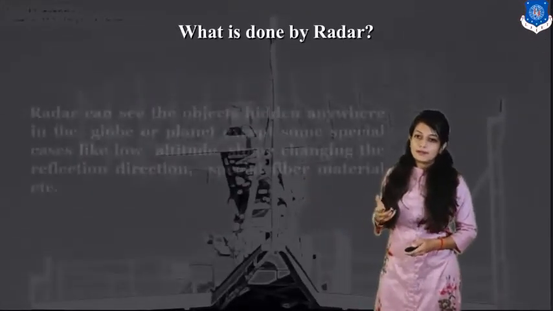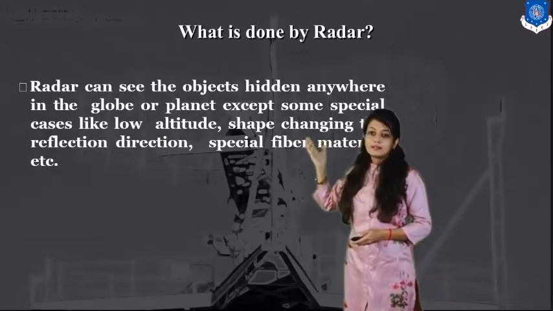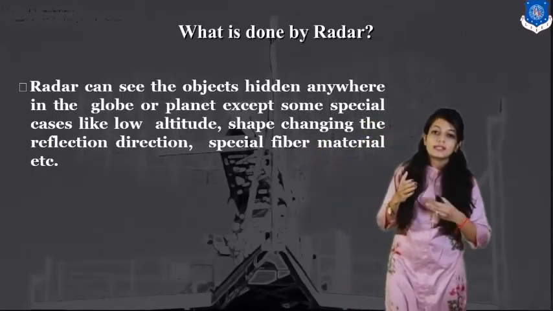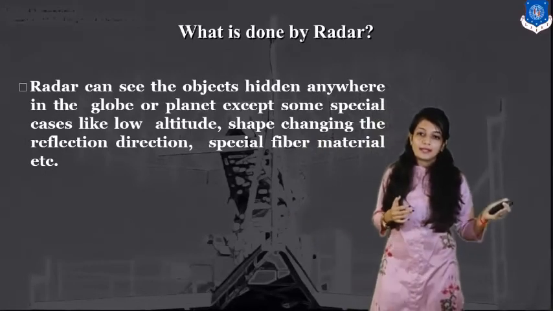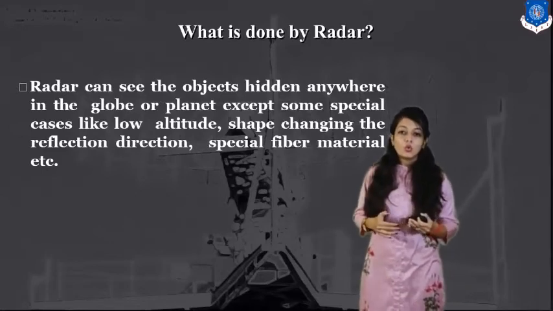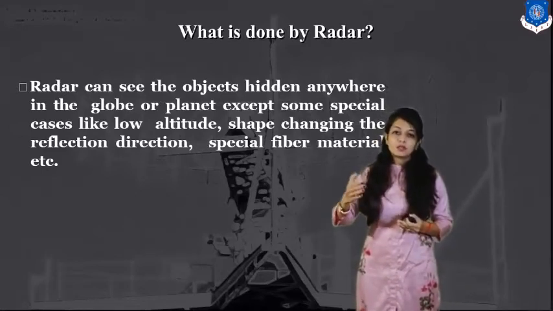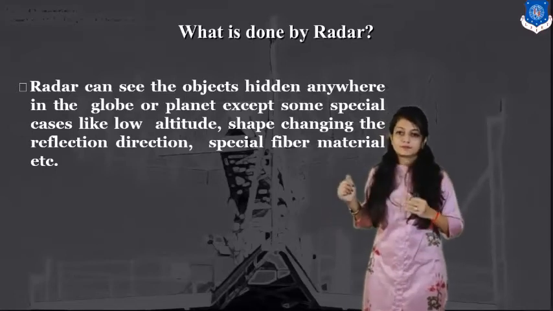So what is done by radar? We can say that a radar can see objects which are hidden anywhere in the globe, or on a planet, except in some special cases like low altitude. Altitude means the height from the surface of the earth.